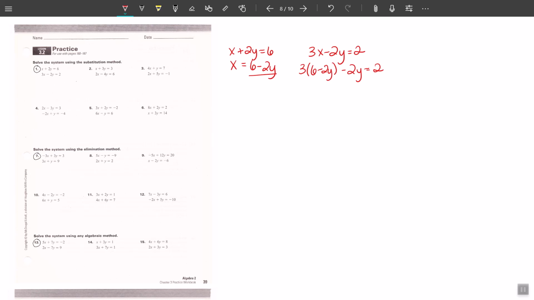So what this does is now it takes where I had two variables, and now it puts everything in terms of y, and I'm able to solve for y and actually get a value. You can't solve for an actual value when you've got two variables in the equation.